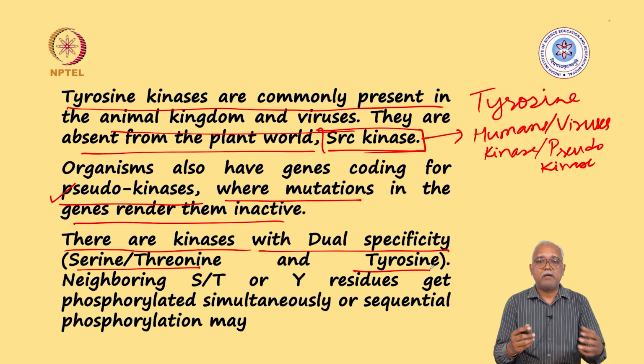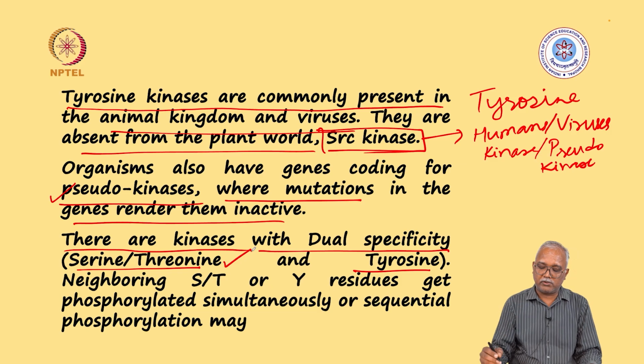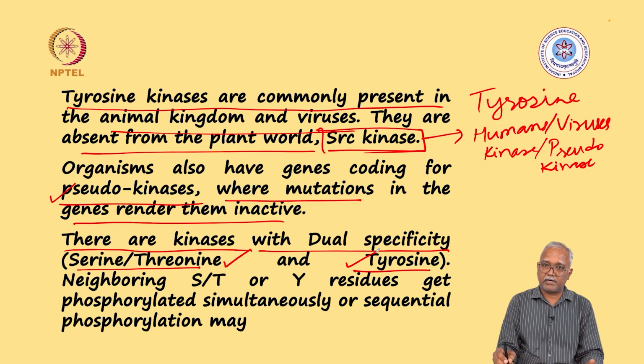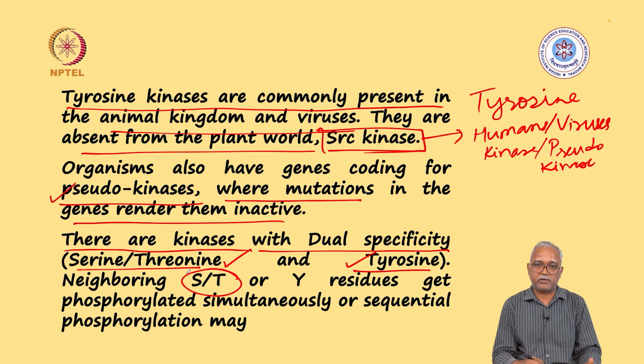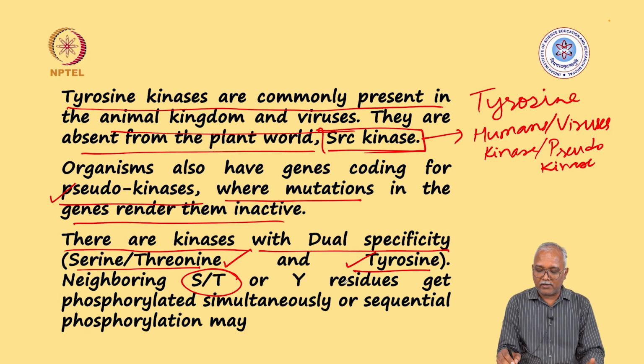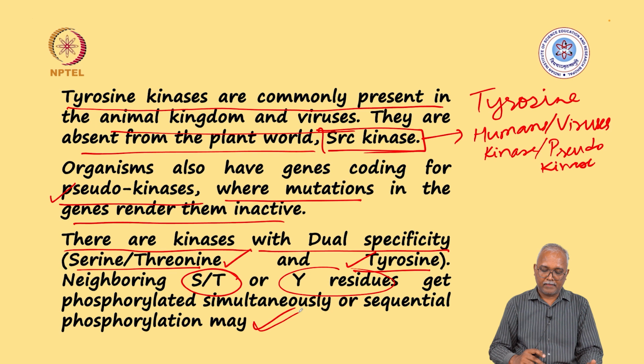But again, remember, when such kinases come into the picture, the state of the cell, the environment around, will drive them to phosphorylate either serine threonine or tyrosine. Particularly when you are talking about these phosphorylation events, it may happen that first a phosphorylation happens at serine threonine, and since the tyrosine residue is in proximity, that can also get modified or phosphorylated.